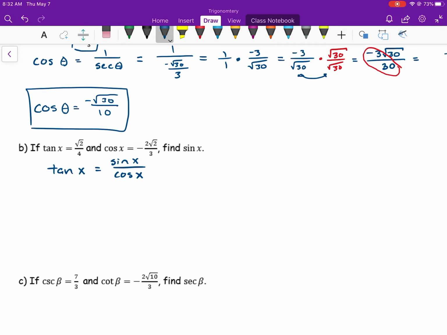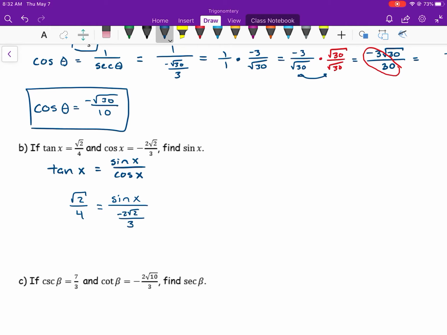All right, so I'm going to plug in what I know. I know tangent is square root of 2 over 4, so square root of 2 over 4 is equal to sine of x, which we don't know, so leave that alone. And then cosine is negative 2 root 2 over 3.